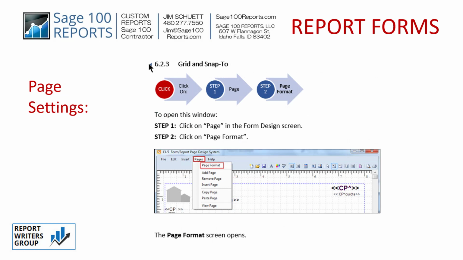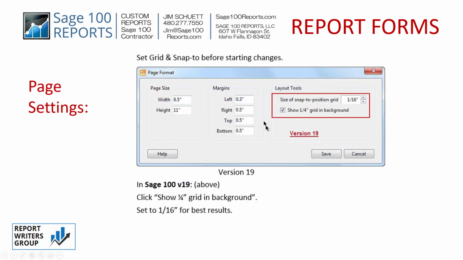When you open up report forms and you click on pages and then page format, then you can start doing some things to set up the page. Here's the page format. You can change the width and height, so basically the size of the form.